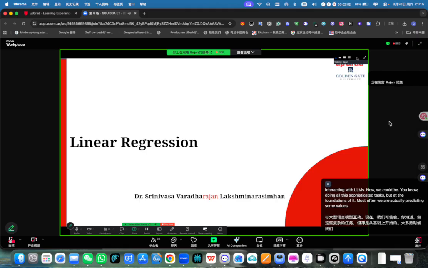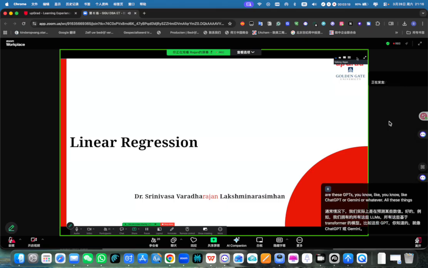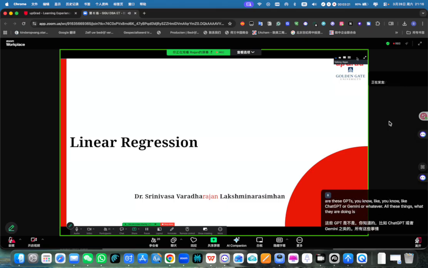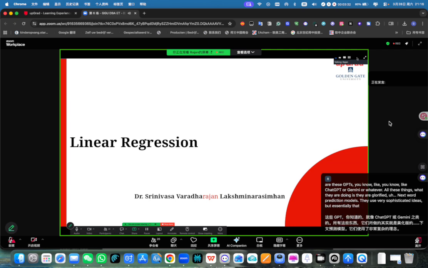For example, all these LLMs that we have, either transformer-based models or GPTs like ChatGPT or Gemini or whatever, what they are doing is they are glorified next word prediction models. They use very sophisticated ideas, but essentially that's what they end up doing.